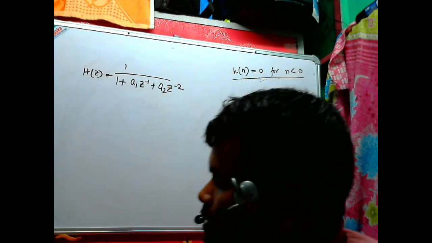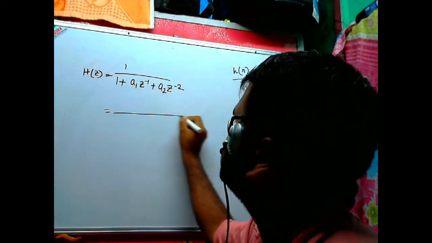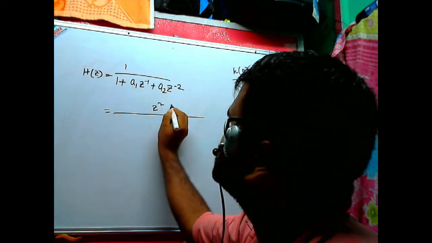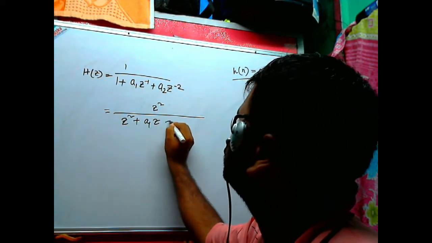Now let us see our transfer function. This is our transfer function H(z), and we can multiply by z square on both sides, so it becomes z square divided by z square plus a1 z plus a2.